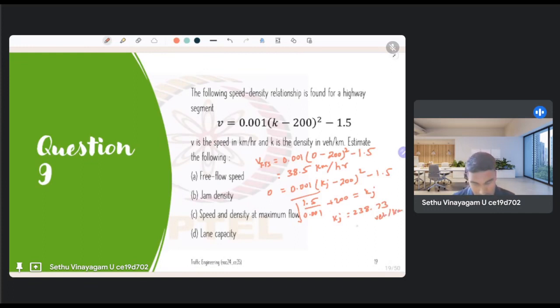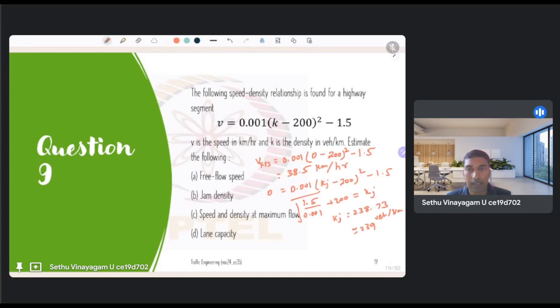So we can say it is around 239 vehicles per kilometer. Okay, so that is your jam density. Okay, next we want to find out what is the speed and density at maximum flow, right?